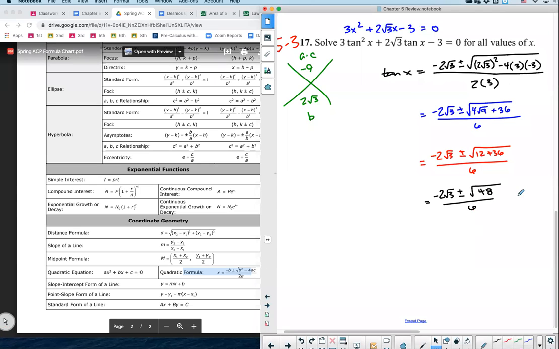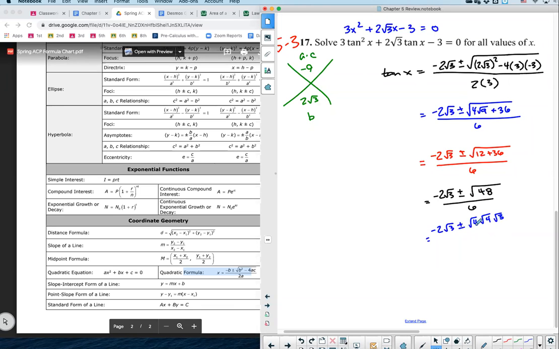48 is the same thing as the square root of 4 times the square root of 12. Actually, I can pull out more than that. 12 is the same thing as square root of 4 times 3.